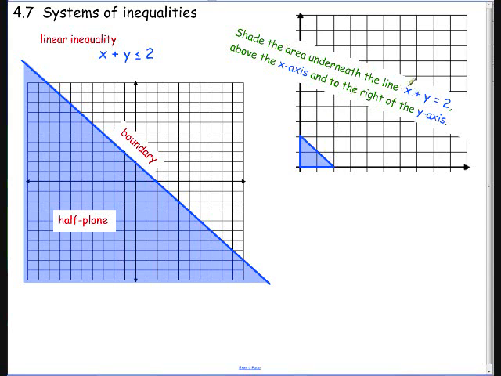Shade the area underneath this line, and remember I rewrote that line as y equals -x plus 2.